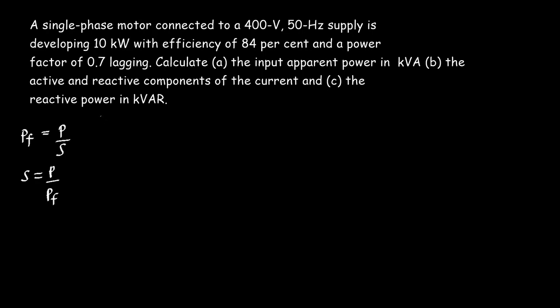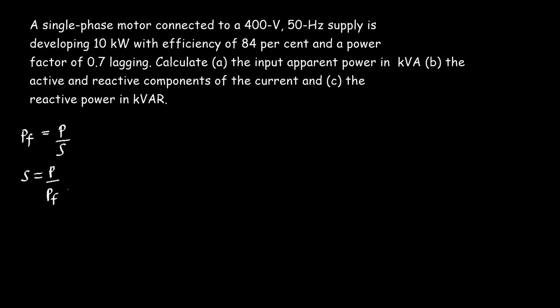When we know the power that the motor consumed, we will be able to find the apparent power. We learned earlier that the active power is the power consumed by resistive devices, and in this case the single phase motor will be the resistive device in this circuit.